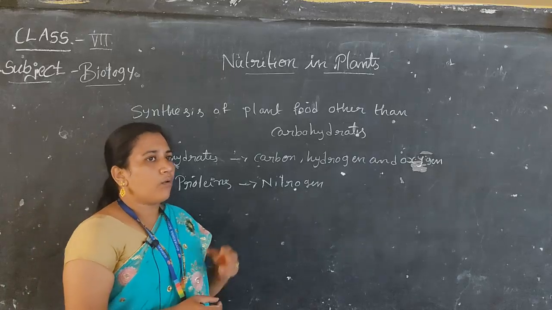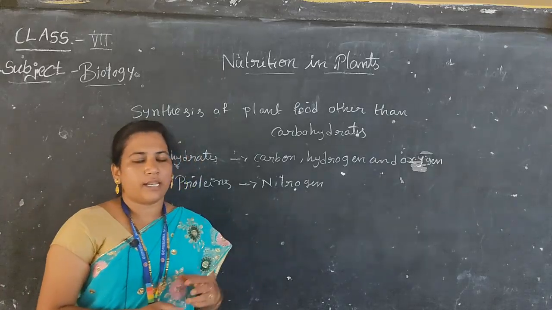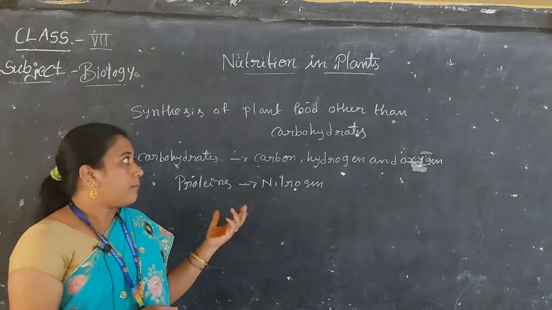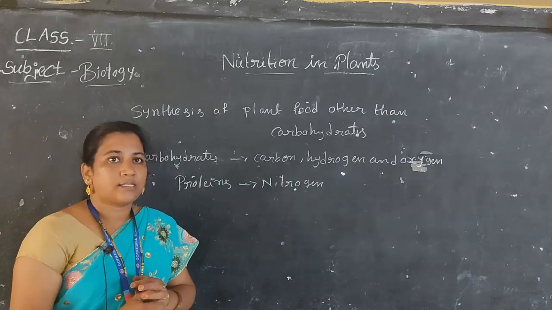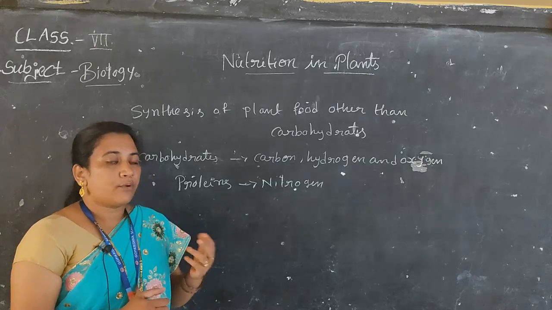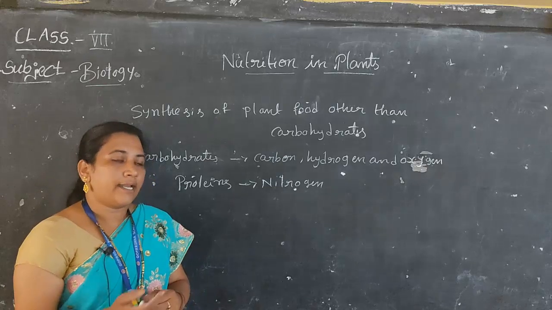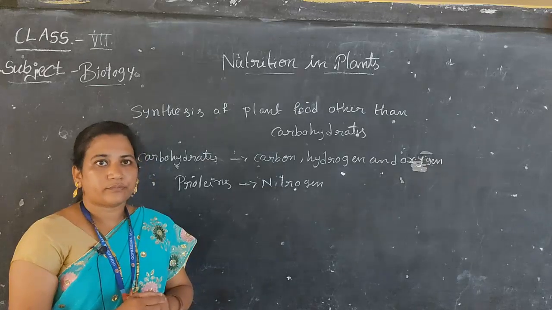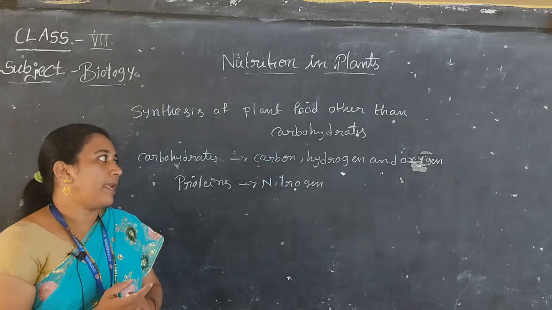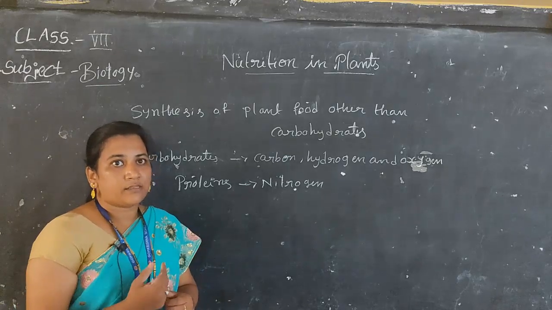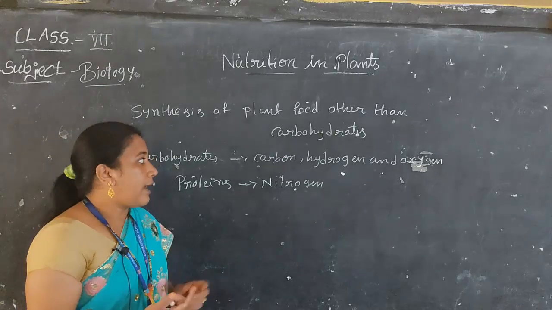Are carbohydrates alone enough for us from the plants, meaning plants prepare only carbohydrates? No, along with that proteins also, if you take pulses like red gram, green gram, peas, beans.